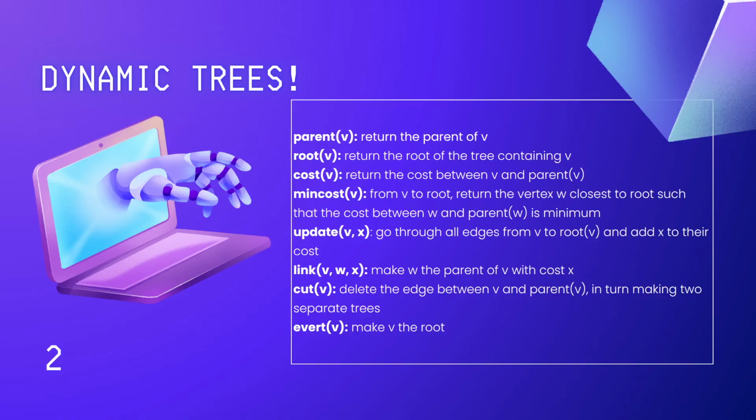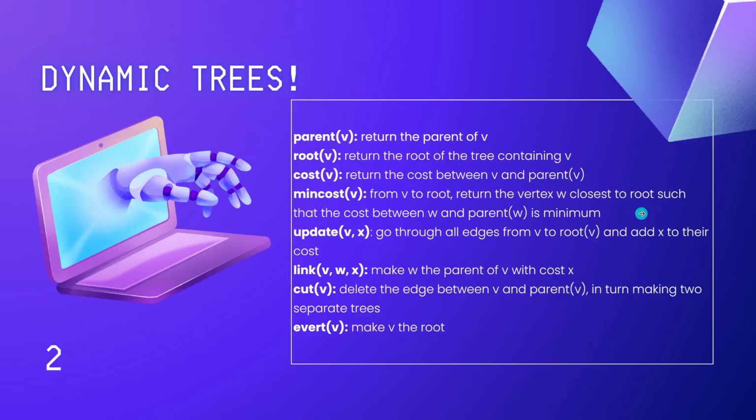Now what this data structure does is that it allows us to represent any tree, regardless of how imbalanced it may be, in such a way that we can carry out all of these operations in logarithmic time. Now some of these operations are a bit simple, like finding the parent of a node or finding the cost of an edge connecting a node to its parent.